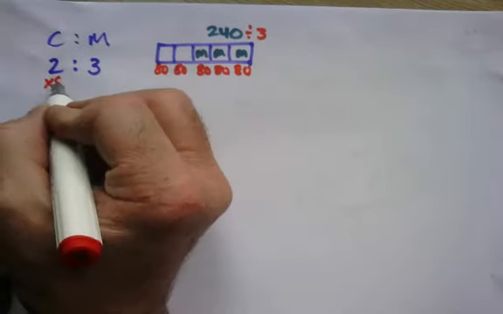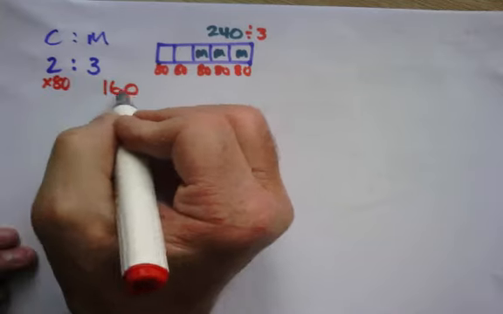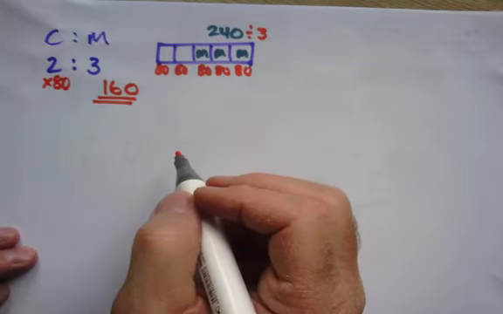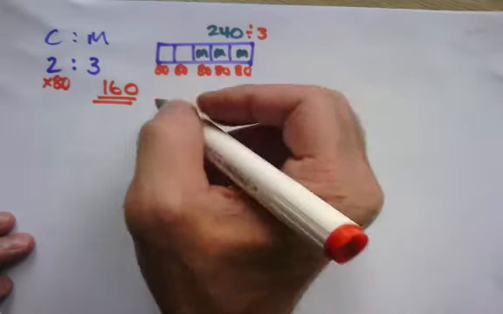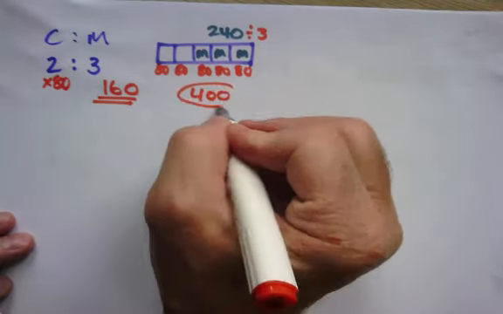Therefore, each of these must be worth 80. So Chris gets 160. And if they say altogether, how much did they win? Well, you just add these ones together. So they won £400 altogether.